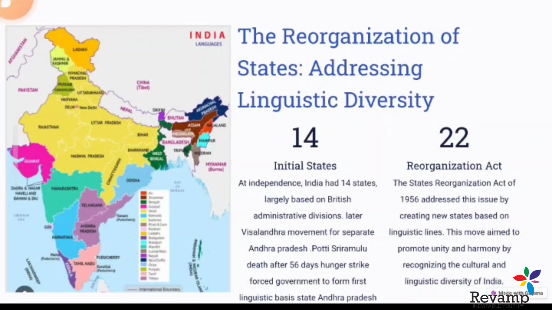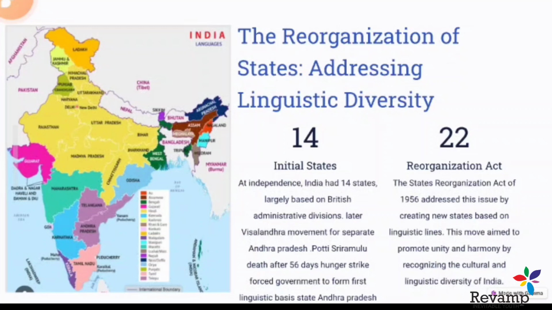But once Andhra Pradesh was declared, other states were also demanding autonomy and separate states on their linguistic basis. So the States Reorganization Commission was formed in 1953. What was its main task?